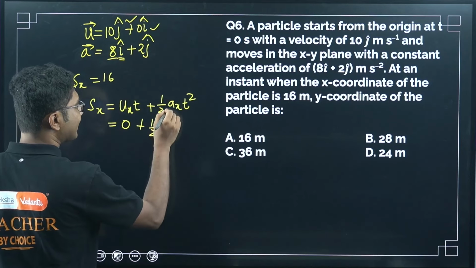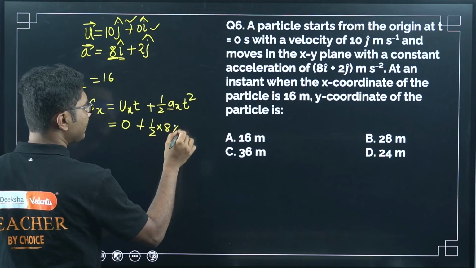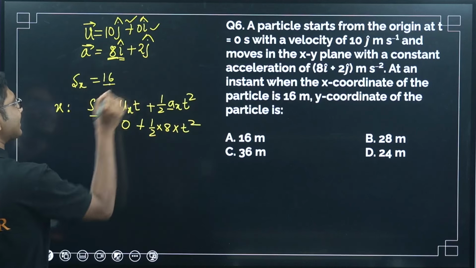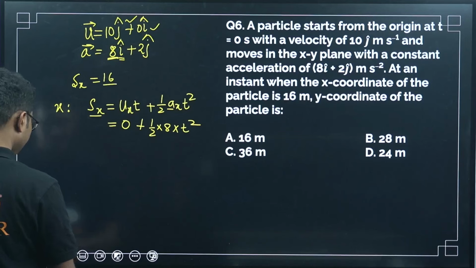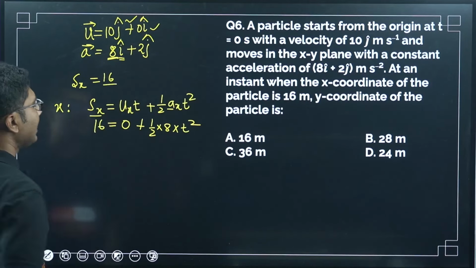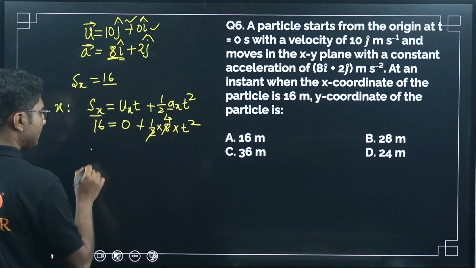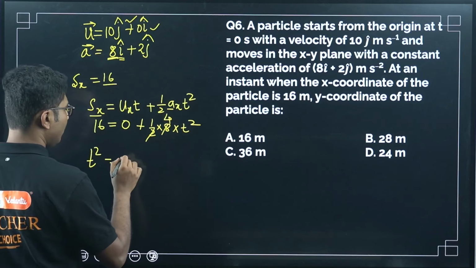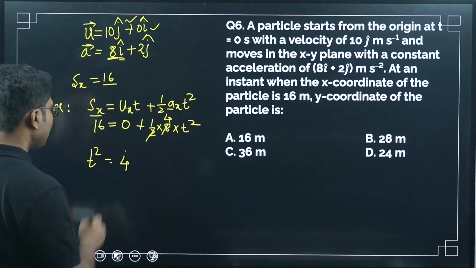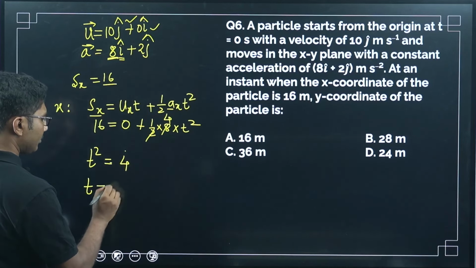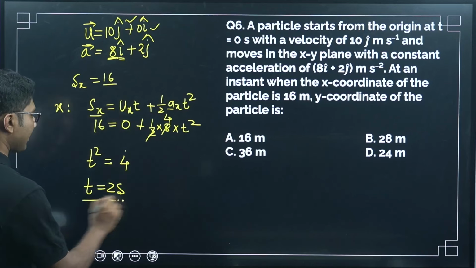Half, what is ax? ax is 8, times t square. Now sx is given, it is 16. Now you just have to simplify. So t square equals 16 divided by 4, that is 4, right? So t equals 2 seconds. So we have calculated the time t.